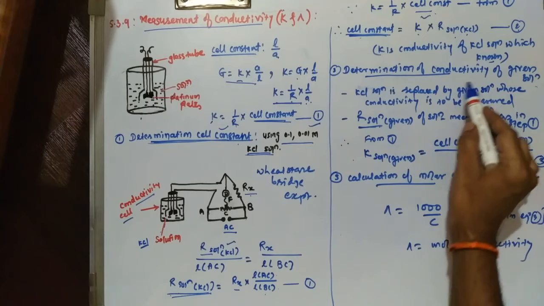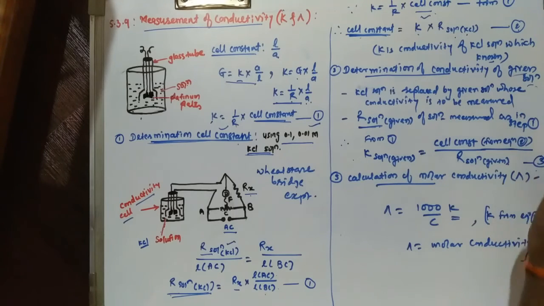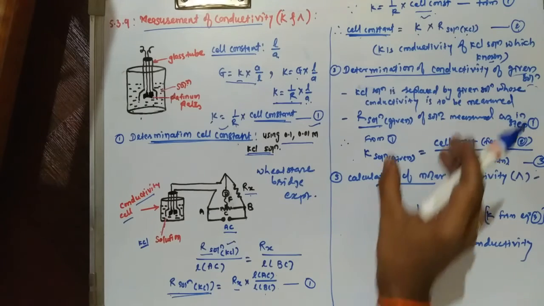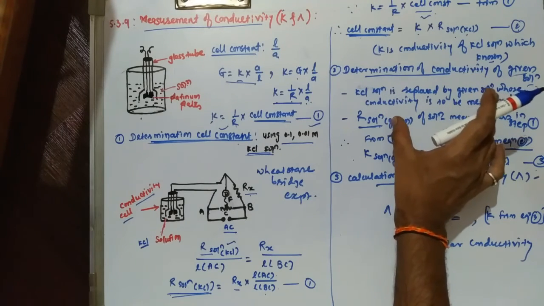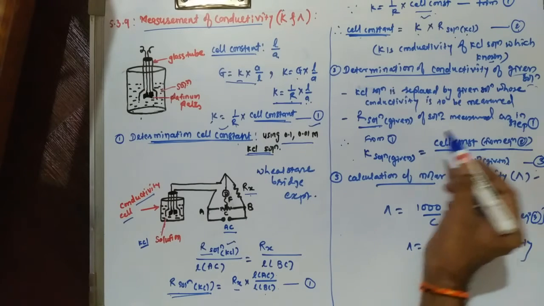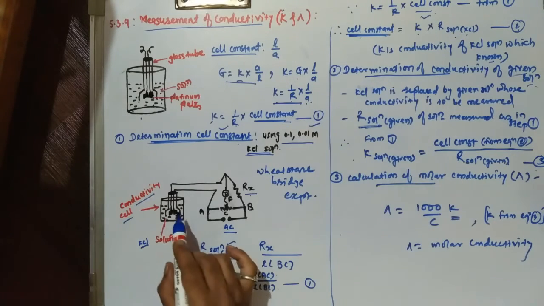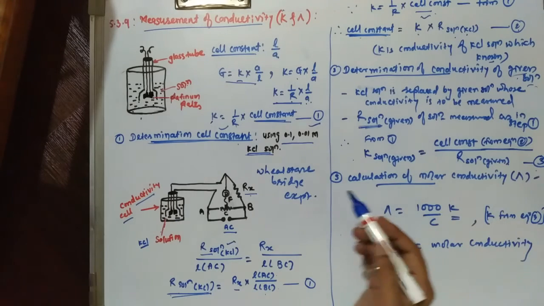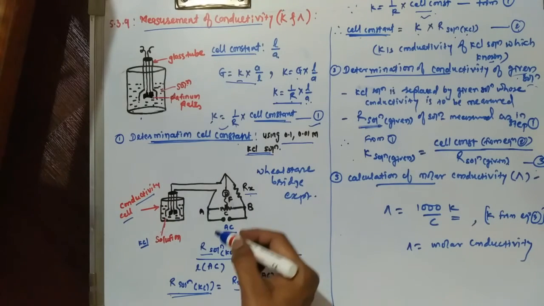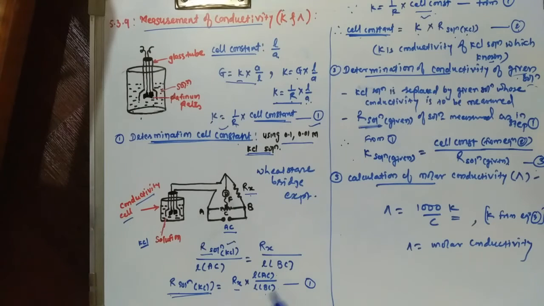Now, determination of conductivity of a given solution. What is to be done here? Again we need the Wheatstone's bridge experiment to find out the resistance R first. Now replace the KCl solution with the given solution and adopt the same procedure as in the first step. We will get the resistance of the solution by this experiment.